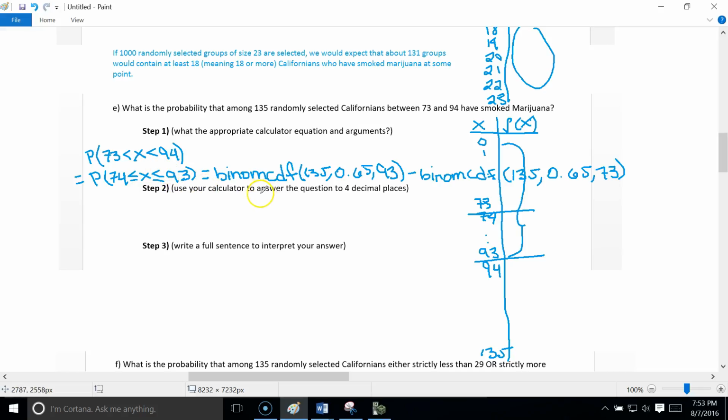First we're going to get the values from 0 through and including 93 with binomial CDF of 135, 0.65, 93 minus binomial CDF of 135, 0.65, 73. So let's go to our calculator and figure out what that is.